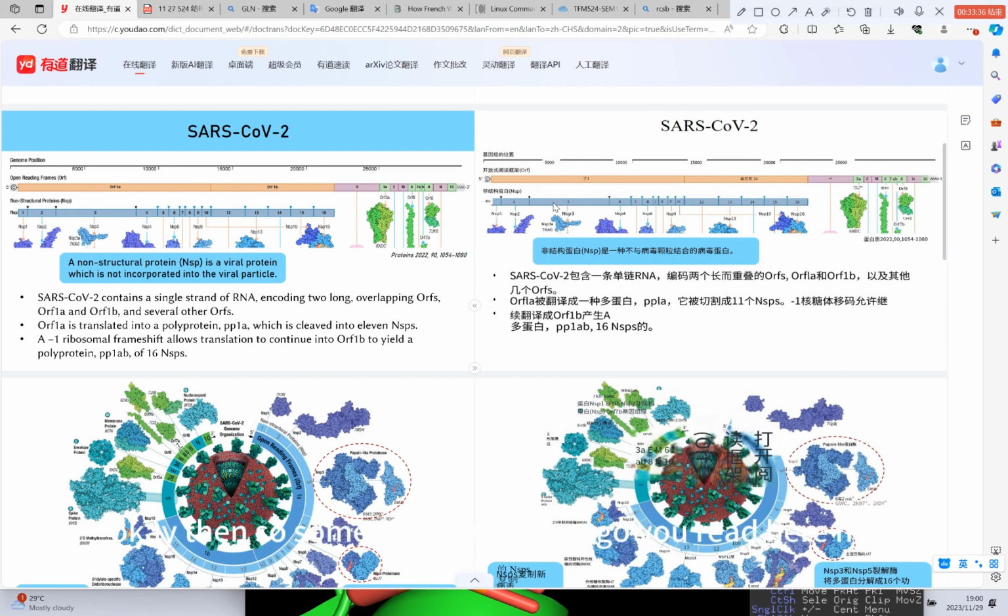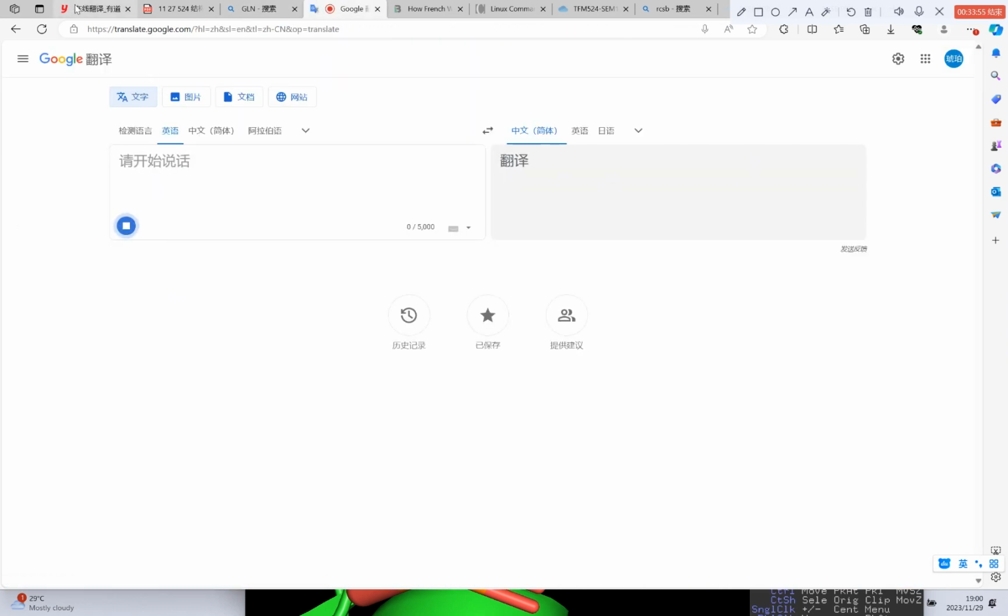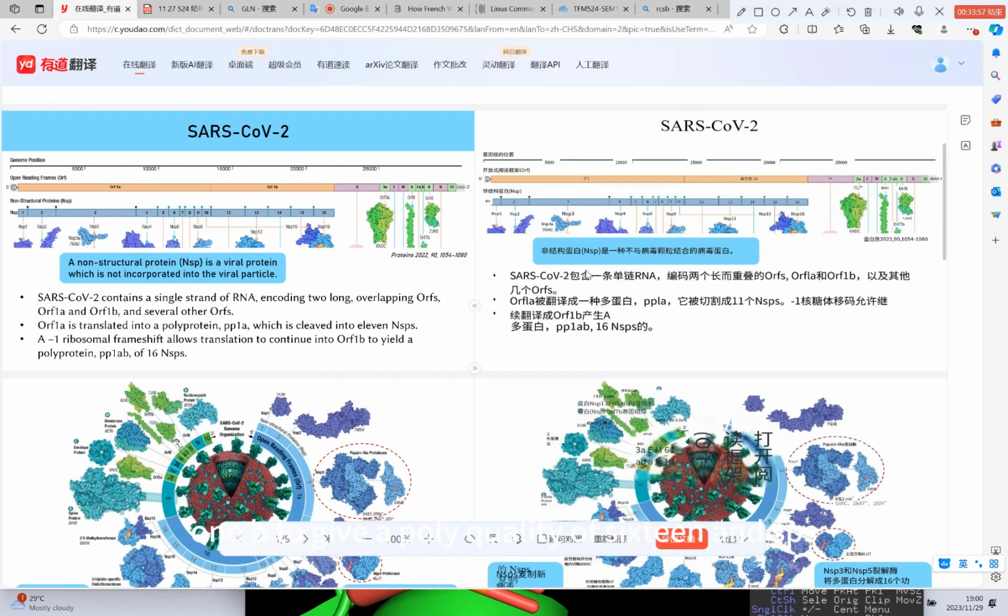Then sometimes when it reads here, there's a stop codon here, but sometimes because of a -1 ribosomal frameshift, it will keep reading until ORF1B. The frameshift will allow translation to continue into ORF1B to give a polyprotein of 16 NSPs. So when it reads until here, it will give 16 proteins, polyproteins.